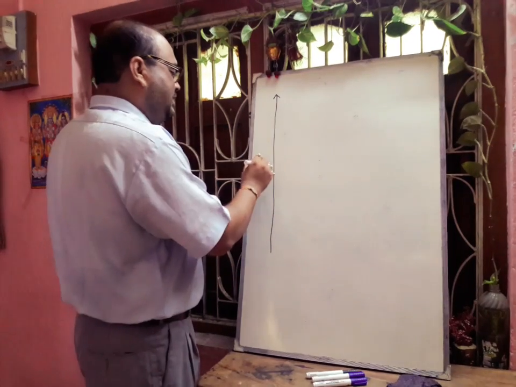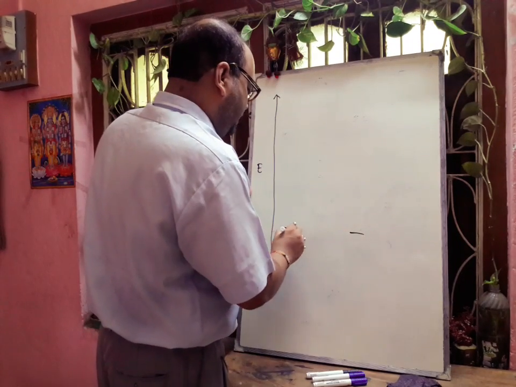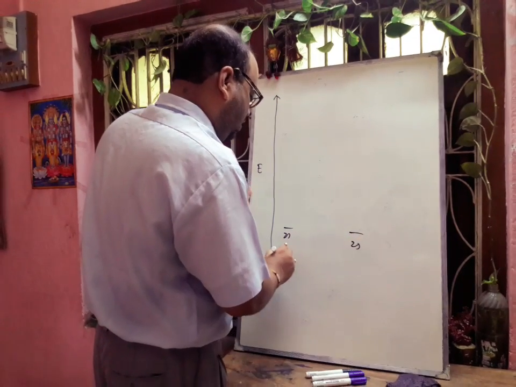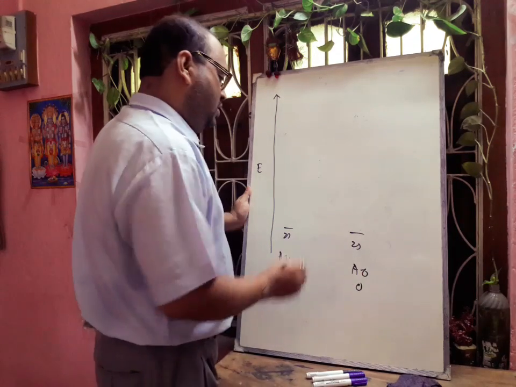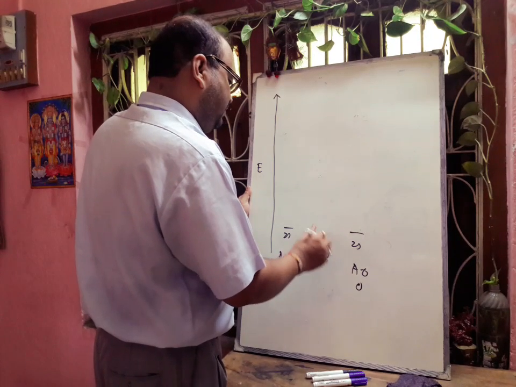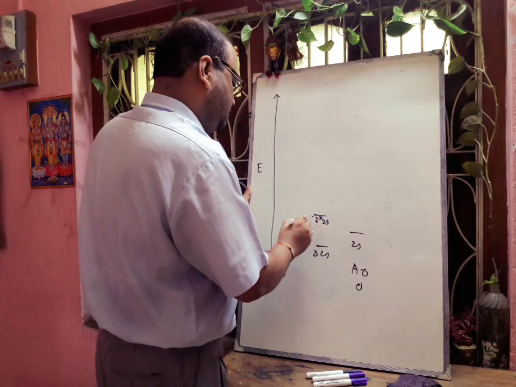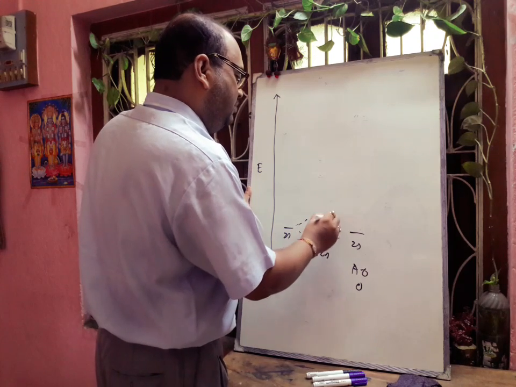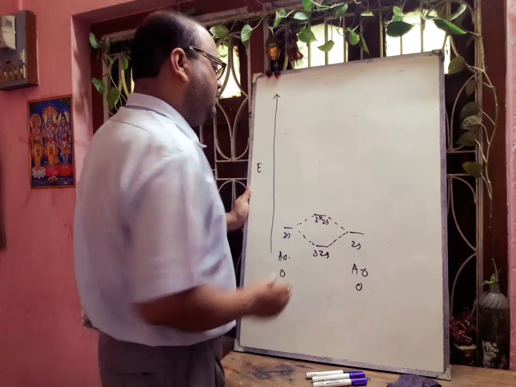So this is the energy. Here also 2s will combine of oxygen. These are the atomic orbitals of oxygen. These 2s will form sigma 2s, and another at higher energy level, sigma star 2s. This one is the bonding MO, sigma 2s, and this one is the anti-bonding MO.